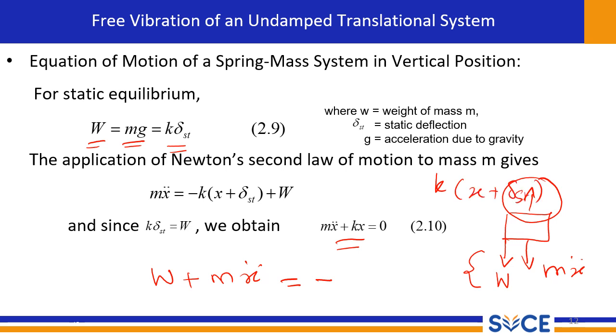We can substitute it here. Since W equals k delta static, which will cancel on both sides, at last we get mx double dot plus kx equal to 0.